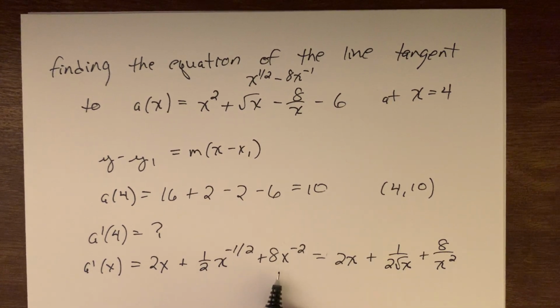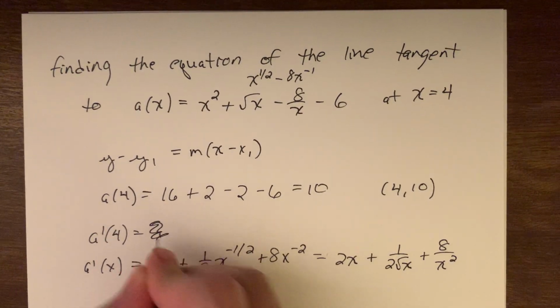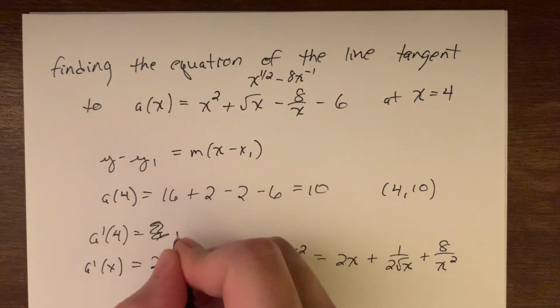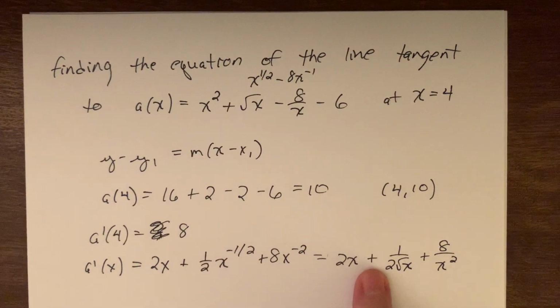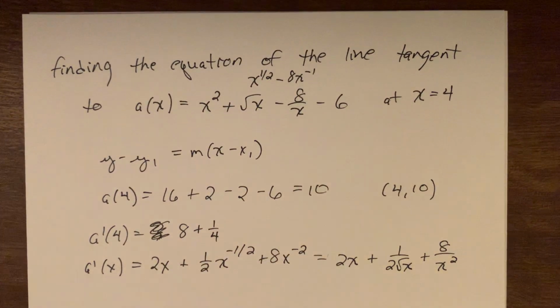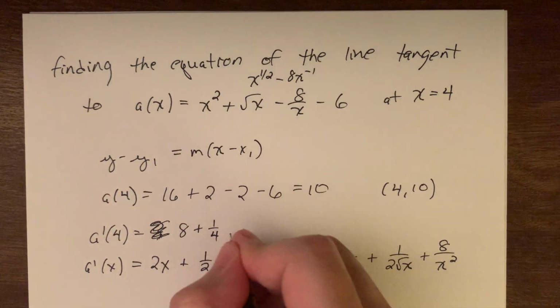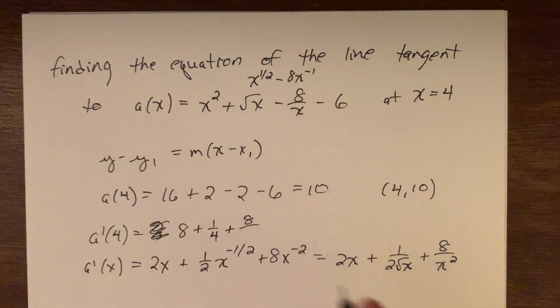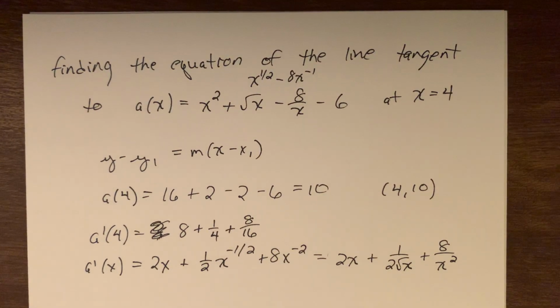I didn't have to do that, but now I can plug in 4, and instead of dealing with ugly fractional and negative exponents, it's much easier. 2 times 4 is 8. 1 over 2 square root of 4, that is 1/4, plus 8 over 4 squared, so 8 over 16.